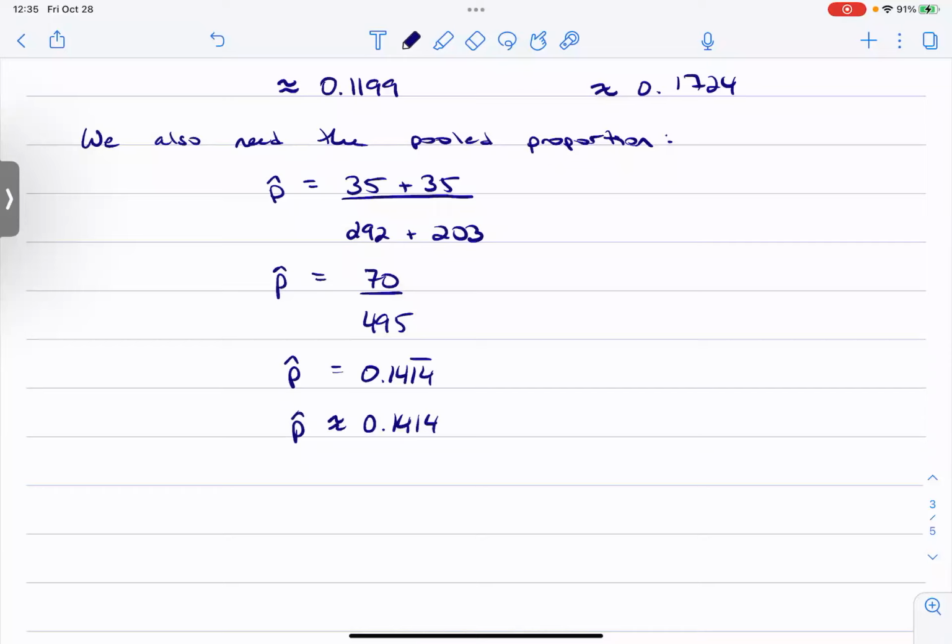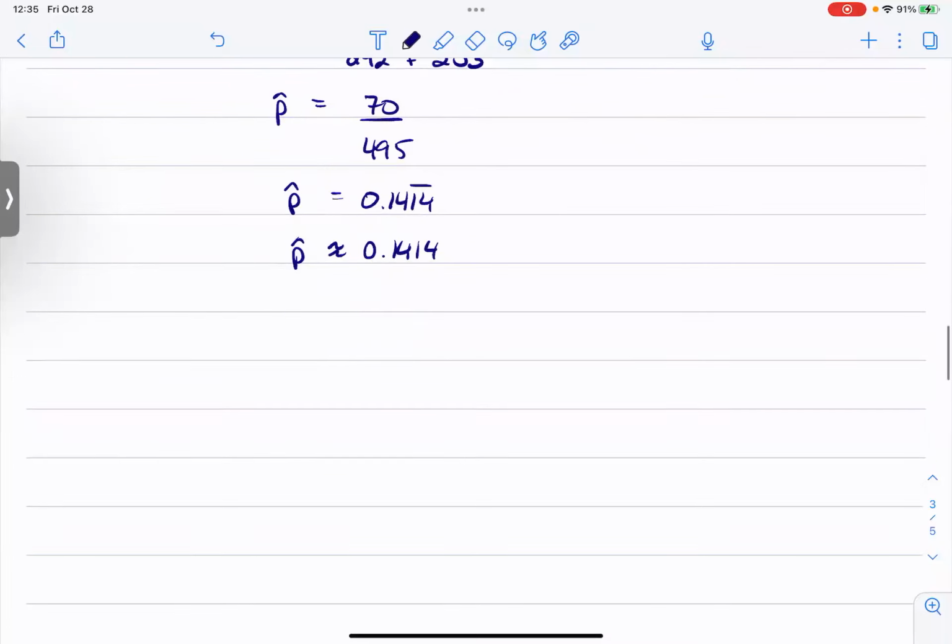So we use this p hat to check the conditions, which we need to do in order to be able to do the hypothesis test. So here we go. The first condition is still independence.